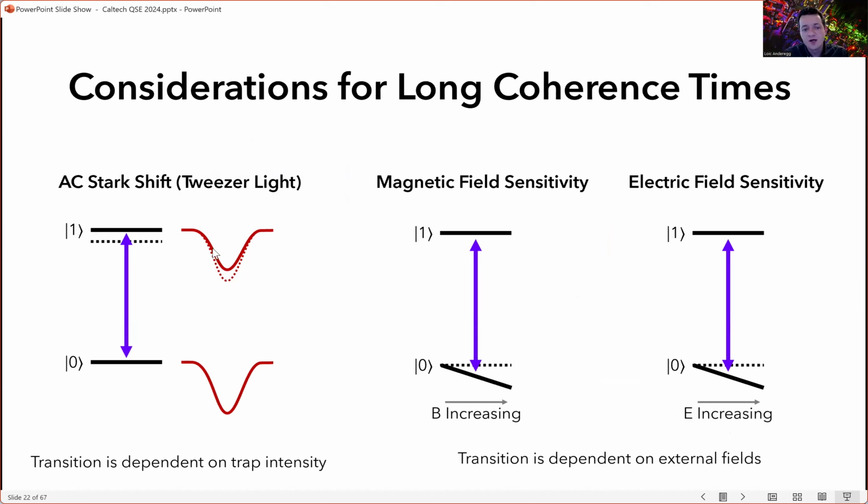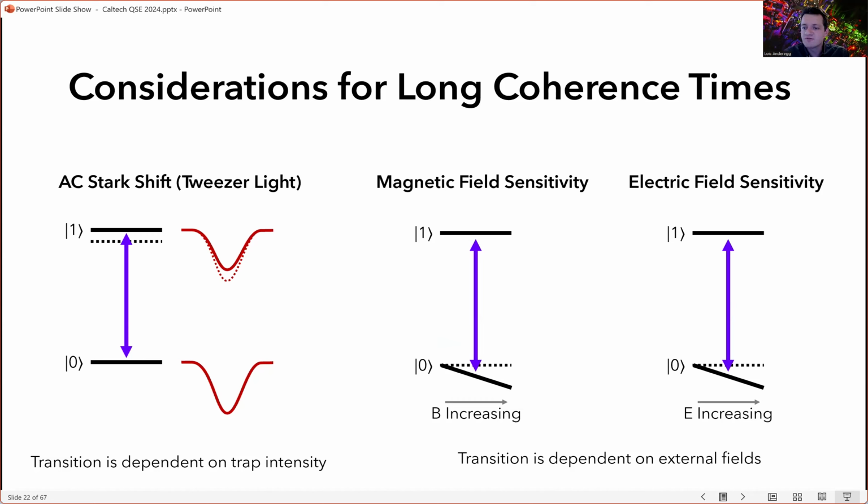If your two qubit states have different sensitivities to your trapping light, then a change in the intensity of your trapping laser will cause a shift in your qubit transition, and this will lead to dephasing. The same idea is also true if any of your transitions are sensitive to magnetic fields or electric fields. Any change in the ambient magnetic or electric field within the lab would also cause dephasing.